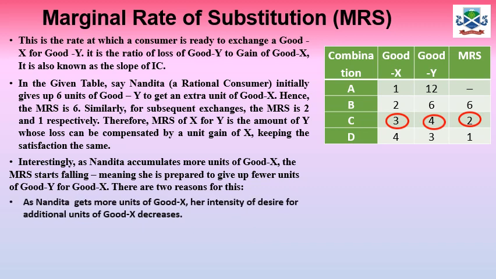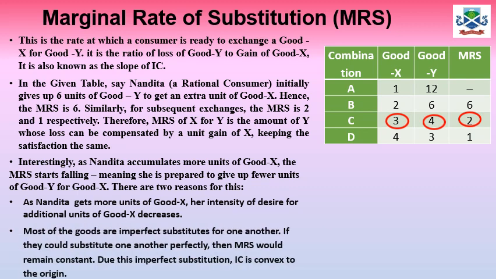As Nandita gets more and more units of good X, her intensity of desire for additional units of good X decreases. Even in the previous lesson we learned that as you consume one after another unit of a commodity, marginal utility goes on decreasing. Similarly over here, as you consume more of good X, your intensity of desire to have that good X is decreasing.